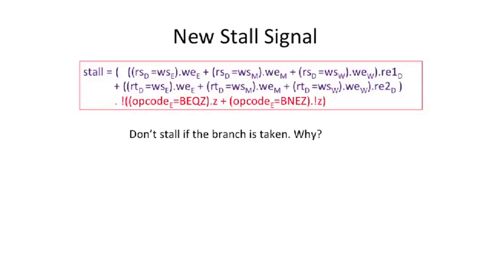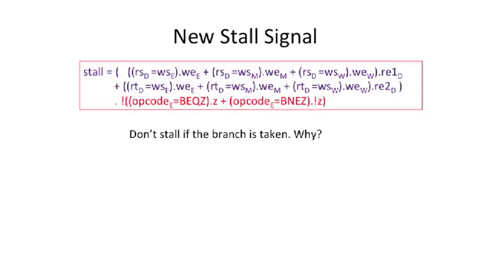Make sure that you're reading the registers, and check the write enables to make sure that the respective instructions in the different pipeline stages are actually writing to the different locations. But now we add another term.